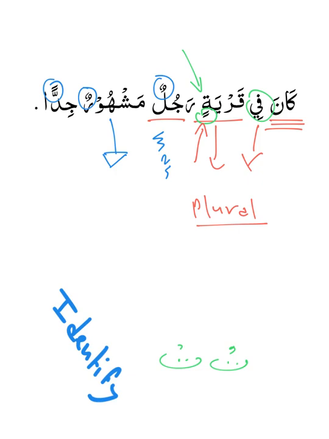And we also identify mashhur as a noun, but what type of noun? It's an ismul maf'ul. Ismul maf'ul is from the category of mushtaq. So mashhur is a mushtaq, and from mushtaq, which one is it? It's ismul maf'ul. Jiddan is also a noun. Don't worry too much about jiddan at the moment.